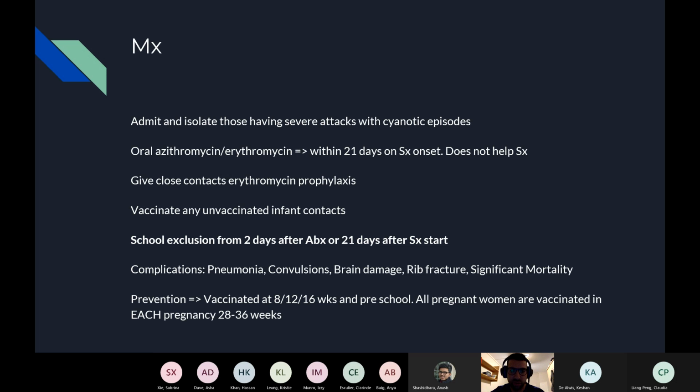Complications: pneumonia, convulsions, brain damage, rib fracture, and significant mortality. These babies are really sick. They're coughing so much they can really damage themselves by bursting blood vessels and fracturing their ribs, just from the effort. Every child should get vaccinated at 8, 12, 16 weeks and preschool, and all pregnant women are vaccinated in each pregnancy, at 28 to 36 weeks.